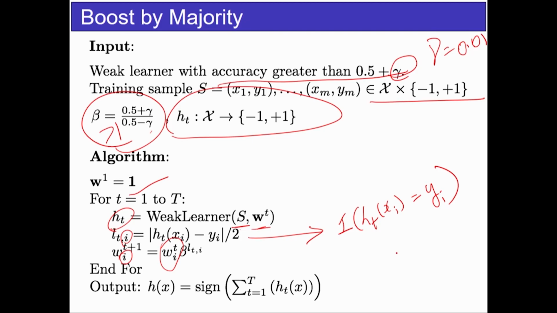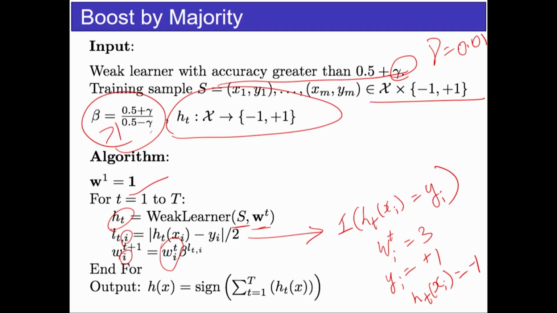So for example, say at the tth iteration the weight WTI was maybe 3. I'm just giving some arbitrary number. And say your yi was +1, but your HT of xi was -1.